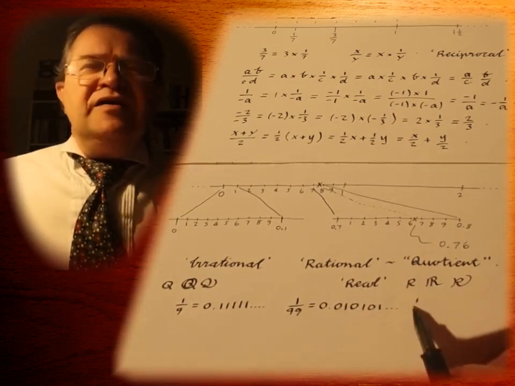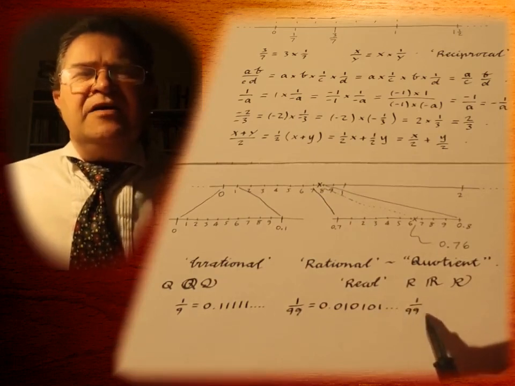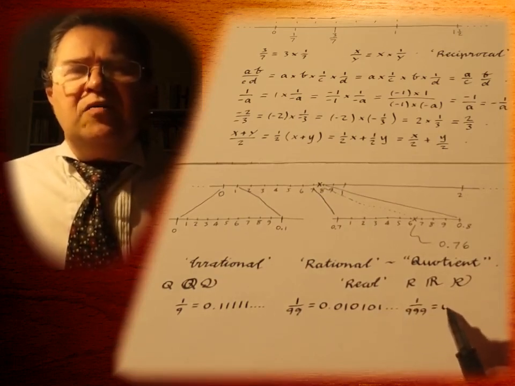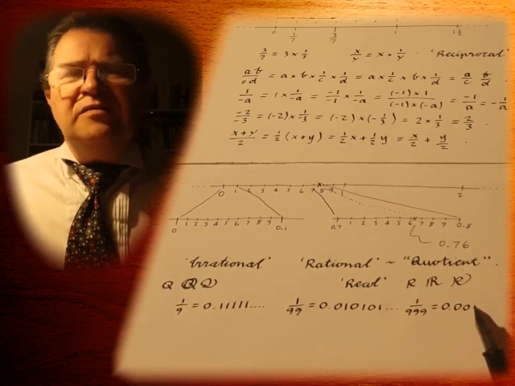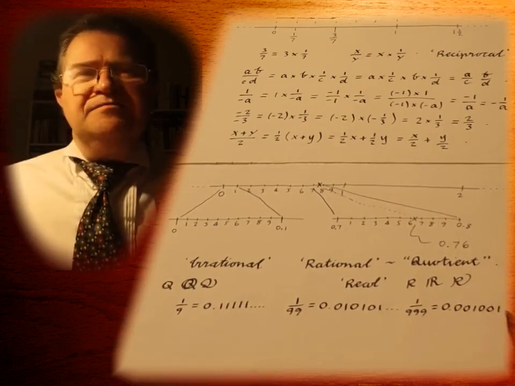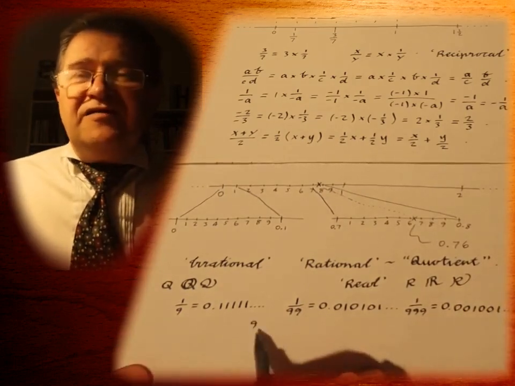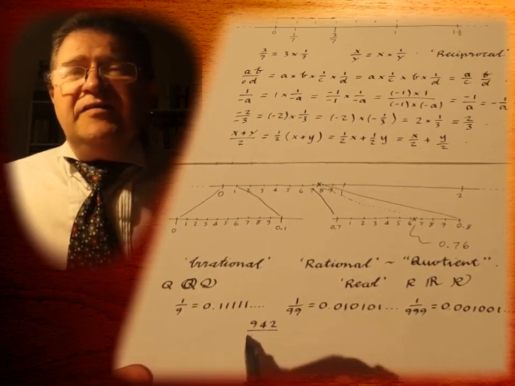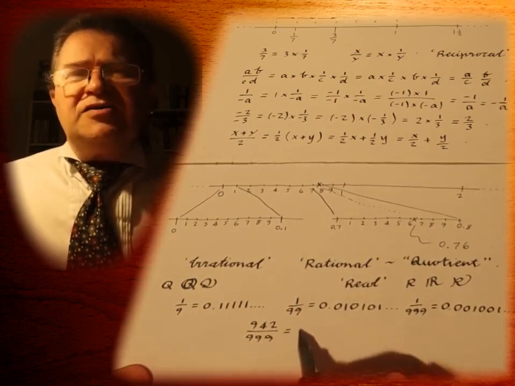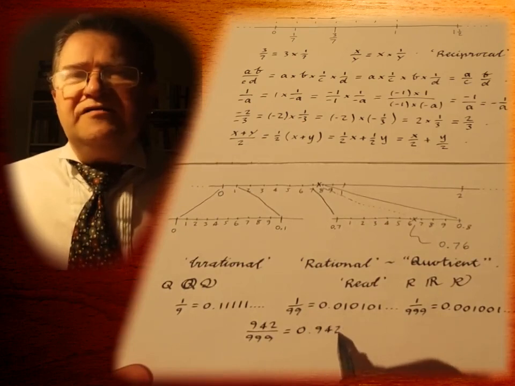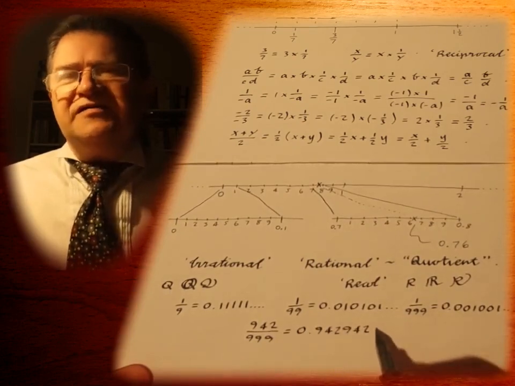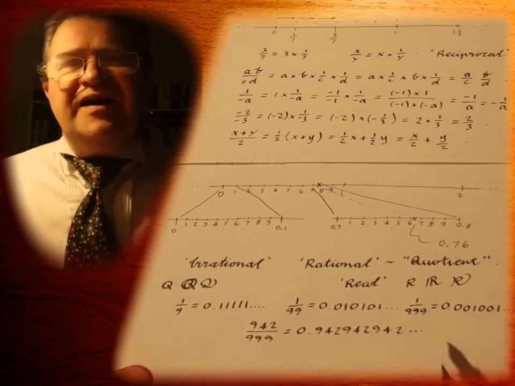And 1 over 999 is 0.001001001001 ad infinitum. The number 942 over 999 is 0.942942942942942942, etc., etc., ad infinitum.